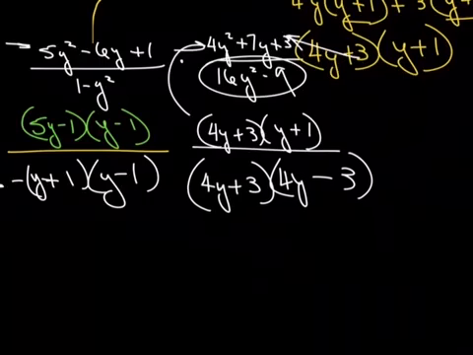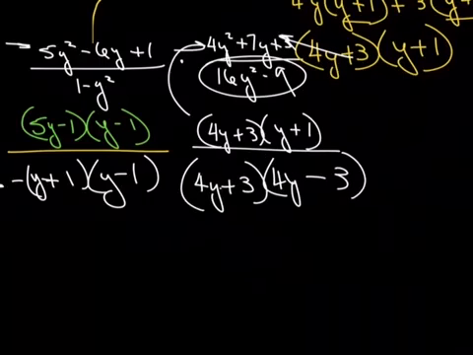So let's put that up there. So what I've done is I've replaced this numerator with this one with that, this one with this, and that one with this. Now I go through and cancel.